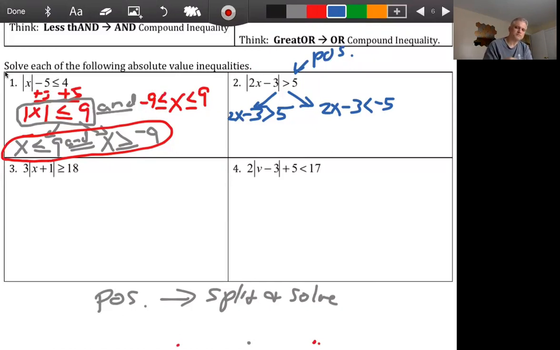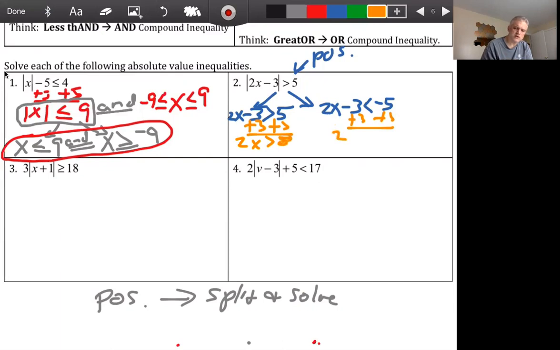All right. So next up, let's solve for x. So we're going to add 3. Add 3. Okay, so we've got 2x is greater than 5 plus 3, which is 8. Okay, so we got 2x is greater than 8.